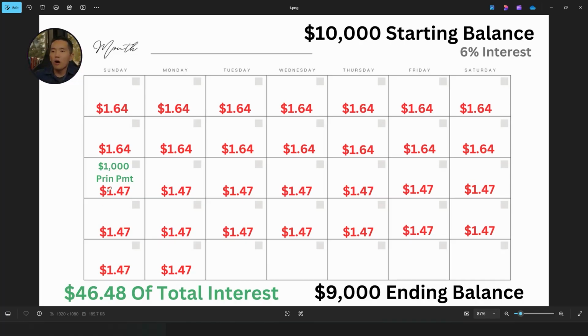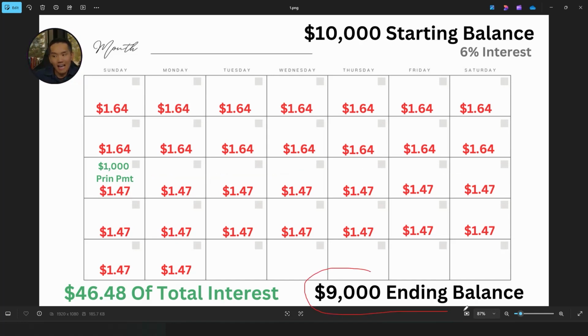So that ends up calculating a lesser interest amount, $1.47, as opposed to $1.64. Does that make sense? So the lower the balance, the lower the daily interest cost. And it stays that way all the way to the end.